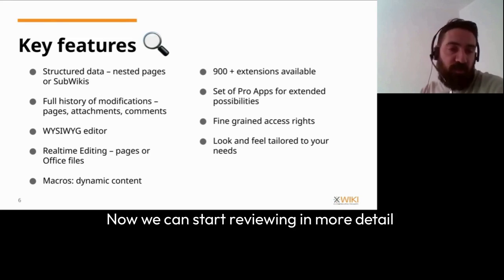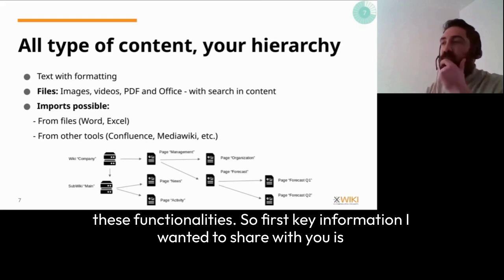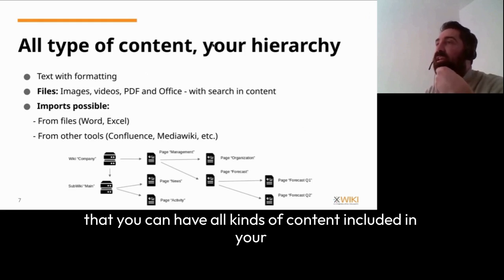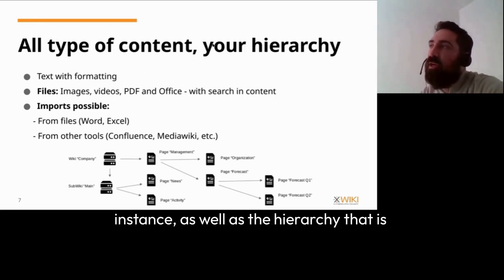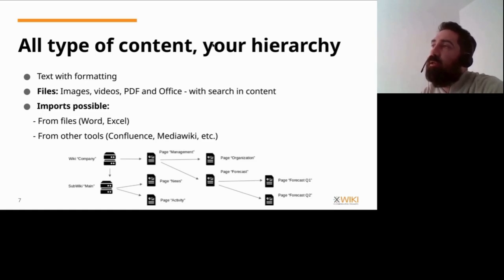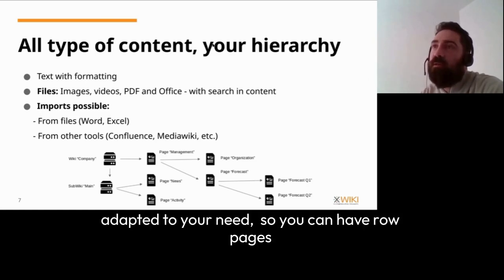Now we can start reviewing in more detail these functionalities. So the first key information I wanted to share with you is that you can have all kinds of content included in your instance, as well as a hierarchy that is adapted to your needs.